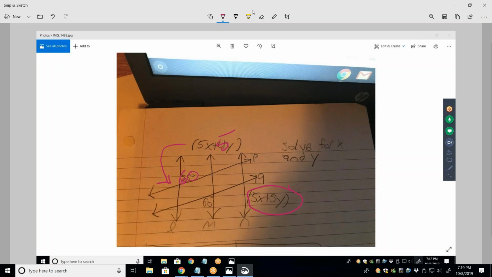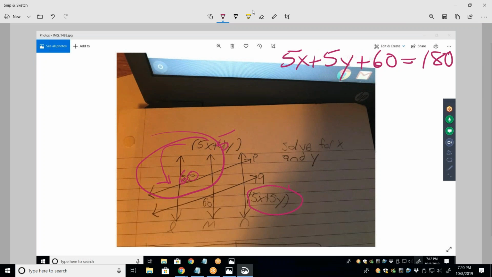All obtuse angles are 120. Okay? So, to solve for x and y, I write two different equations. I write 5x plus 5y plus 60 equals 180. Right? Yes. That's for that set right there.